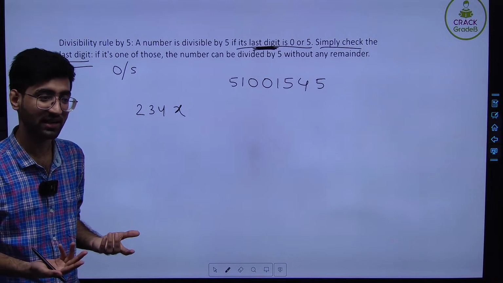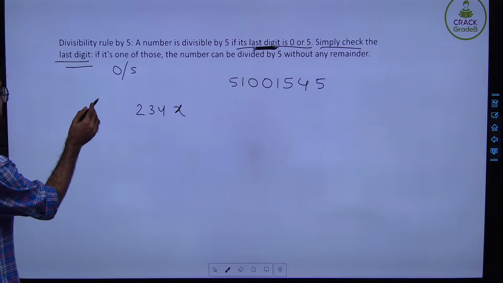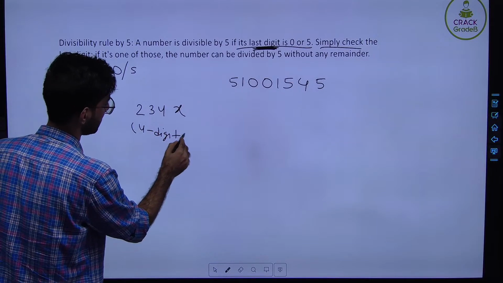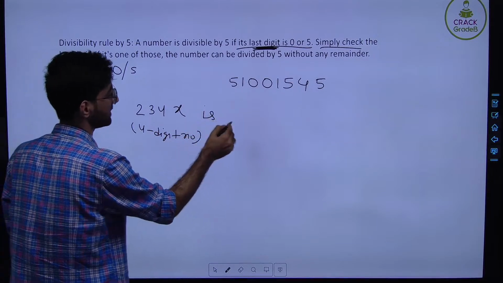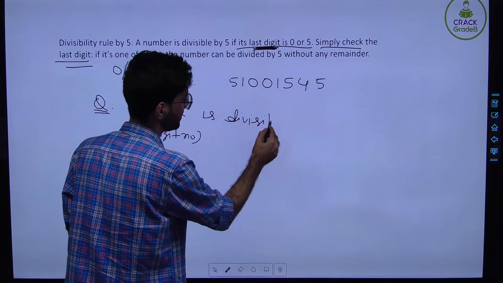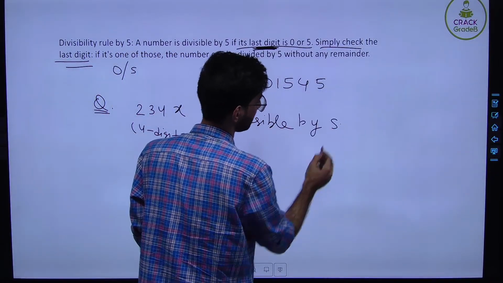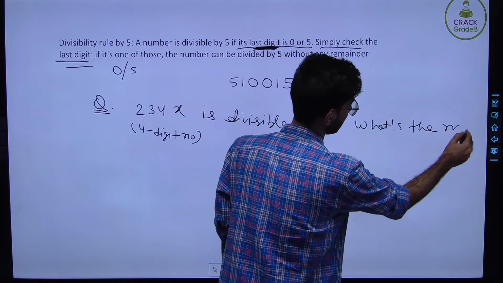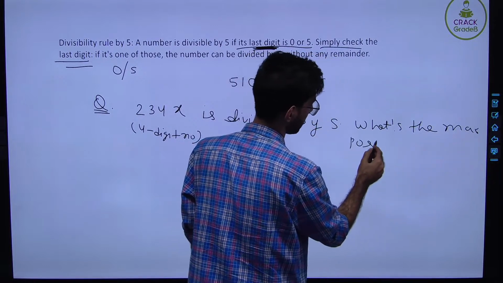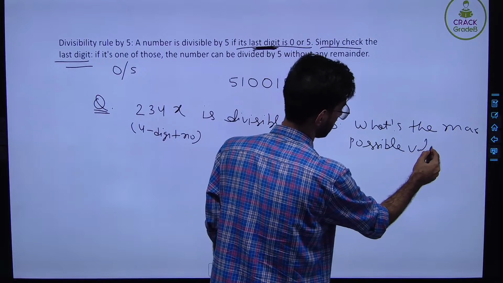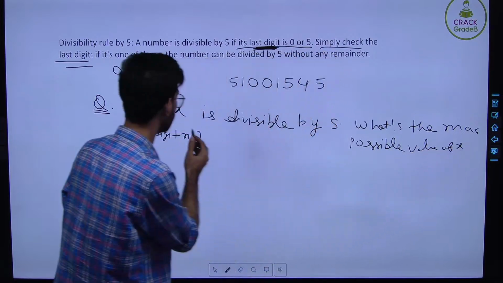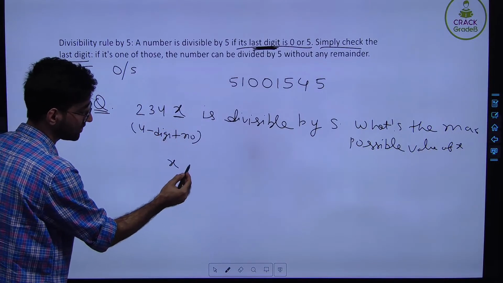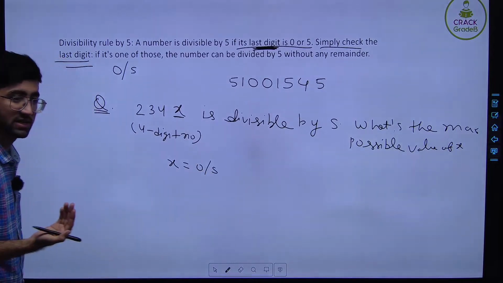Yeah, that is 5. If this number is divisible by 5, this part is either 0 or 5.